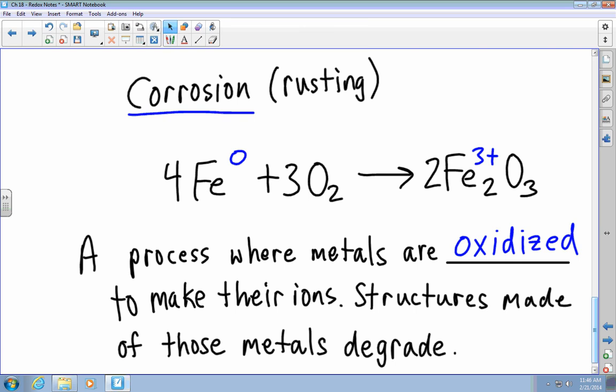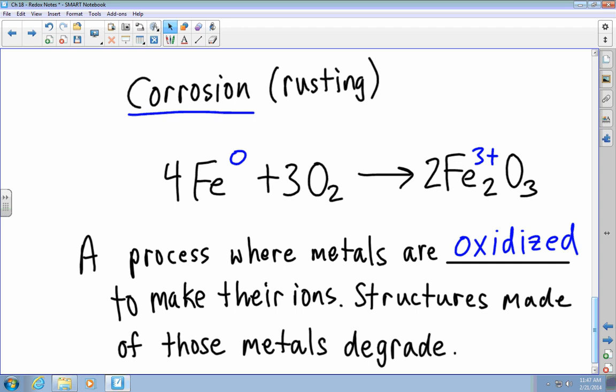It is being oxidized, and what happens is that typically the ionic compounds that form don't have the same strength as the original metal does and will sometimes flake apart, and so the structure will lose its strength.